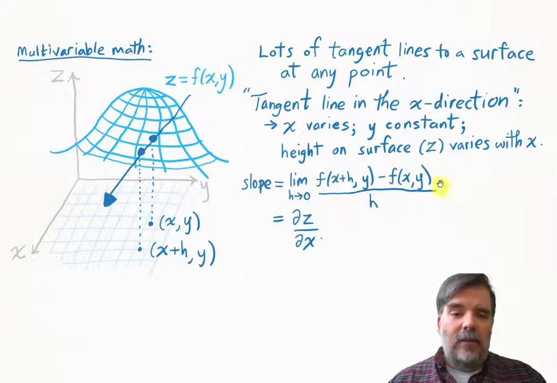We could write that expression like so. The change, the displacement h, is being applied to only x. So we have this particular limit, which leaves us with the partial derivative of z with respect to x. So that'll be the slope of the tangent line in the z direction.